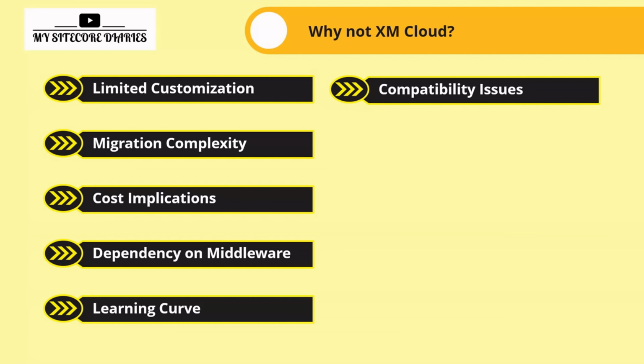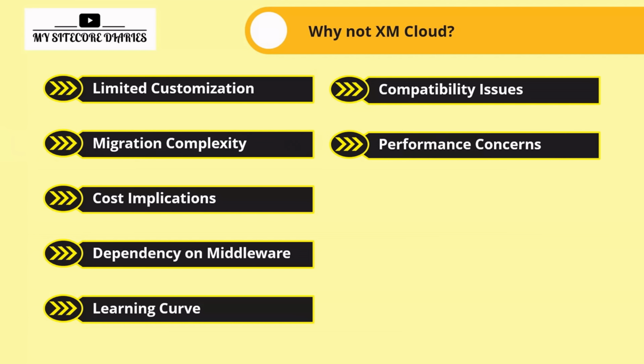Existing APIs, integrations or workflows may not be fully compatible with XM Cloud, which may create a problem or restriction to migrate. You might also have performance concerns. While XM Cloud is designed for scalability, organizations with highly complex environments may experience performance bottlenecks during the transition.